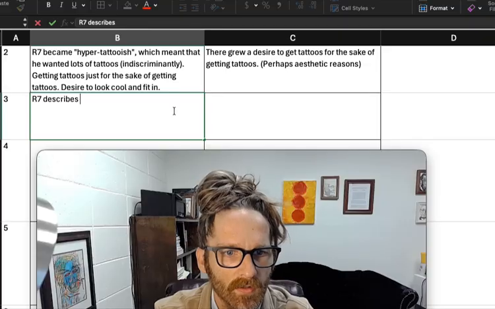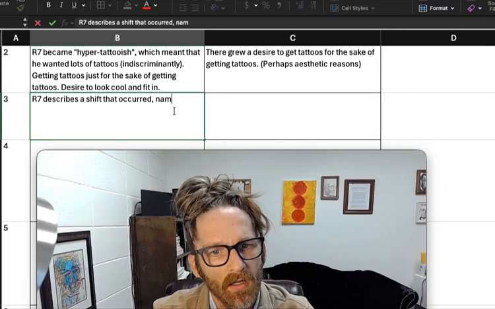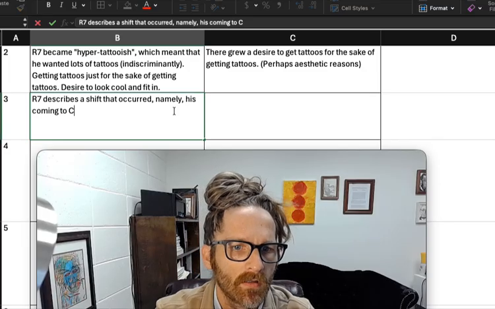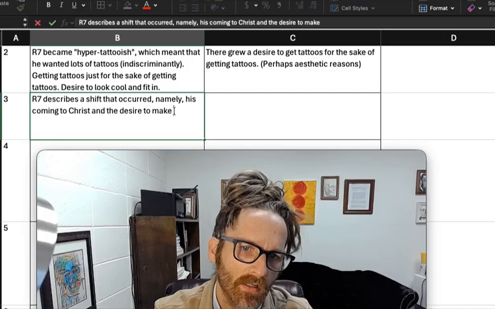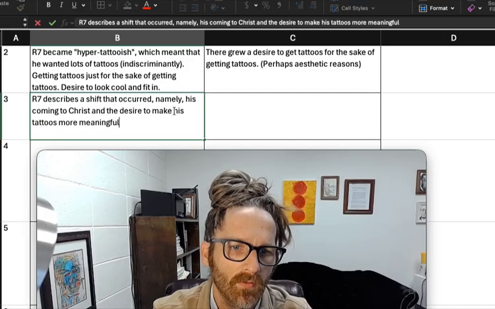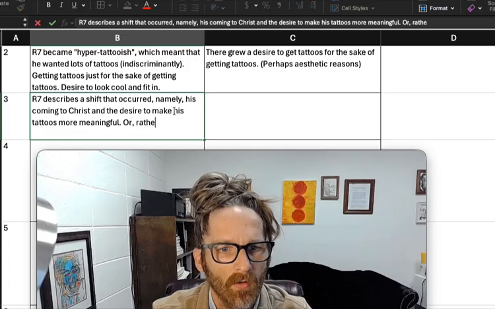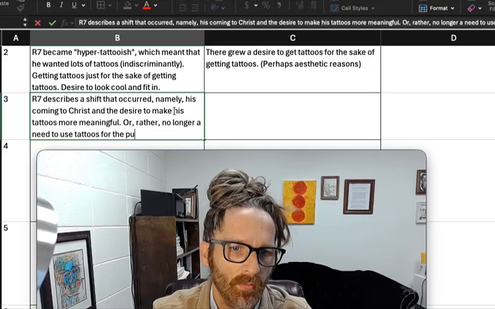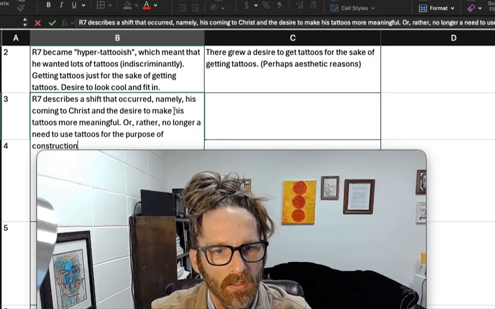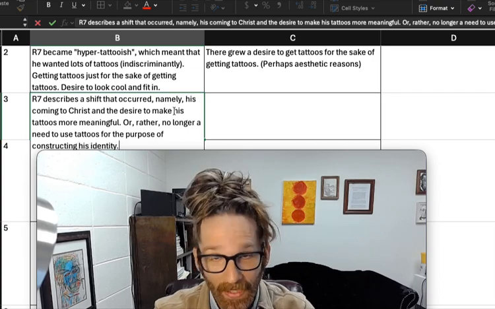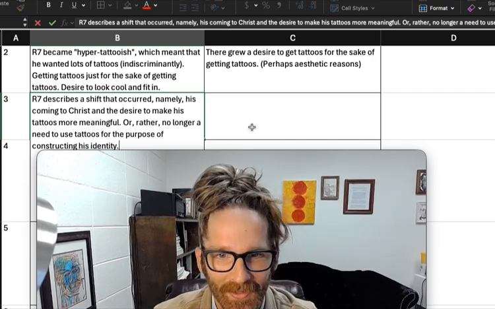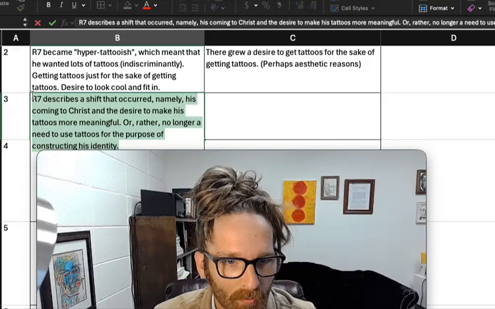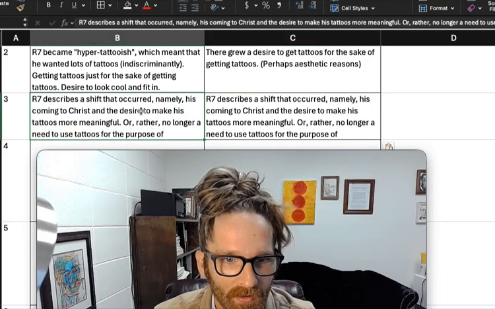R7 describes a shift that occurred, namely his coming to Christ and the desire to make his tattoos more meaningful, or rather, no longer a need to use tattoos for the purpose of constructing his identity. I'm doing it again. I'm jumping to the psychological significance, and so I'm interpreting what he said. So actually, let's do this a little bit better. I'm going to put that over here in the significance.